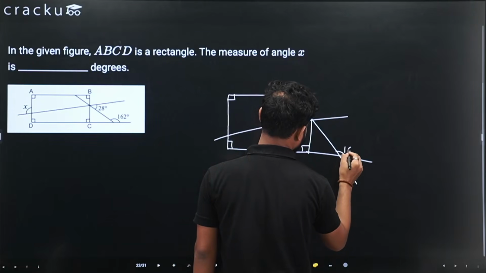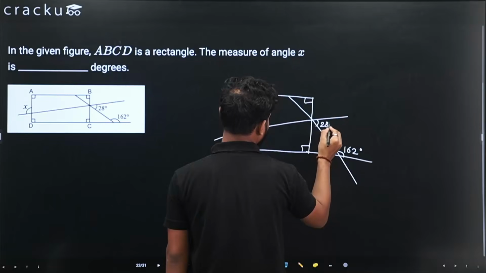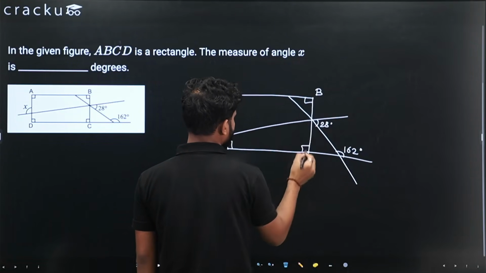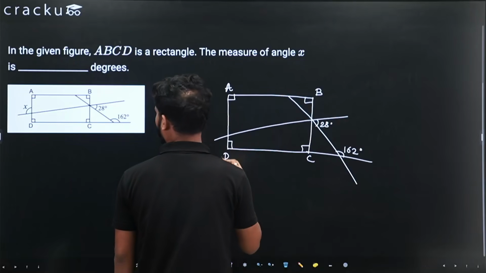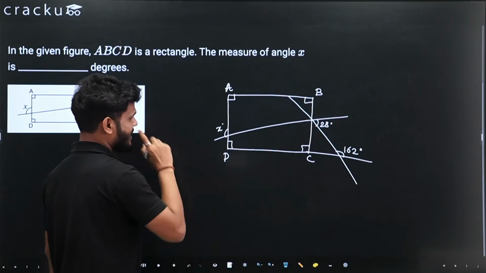This is given as 160 degrees. Then this is given as 28 degrees. This is A, B, C, D. This one is x. We need to find this x.